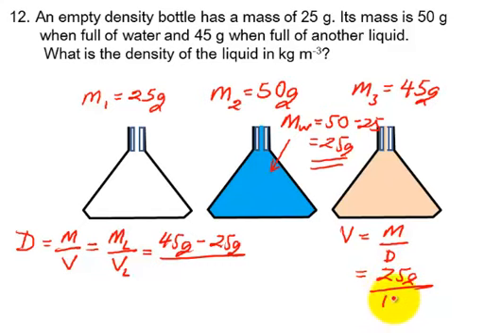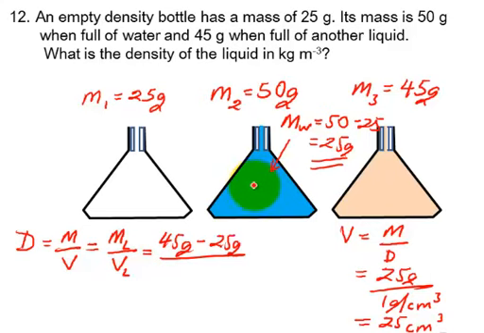The density of the water, we remember, is 1 gram per centimeters cubed. And this will be equal to 25 centimeters cubed. This is the volume of the water inside the density bottle. Therefore, the internal volume of the density bottle is also 25 centimeters cubed.